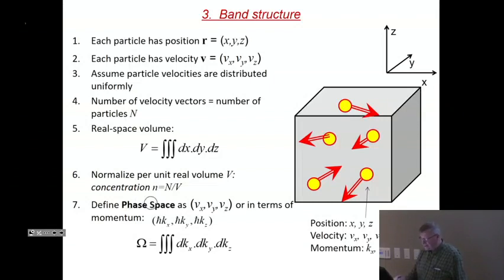But you have a phase space in which we're going to be working, which is a space of the velocities, or the space of the momentum kx, ky, kz. Since this is just as much a characteristic of your electron as its actual physical position in the system, that means you also have the phase space, which is the integral over kx, ky, and kz of whatever property it is that we're going to be discussing. So that's phase space.